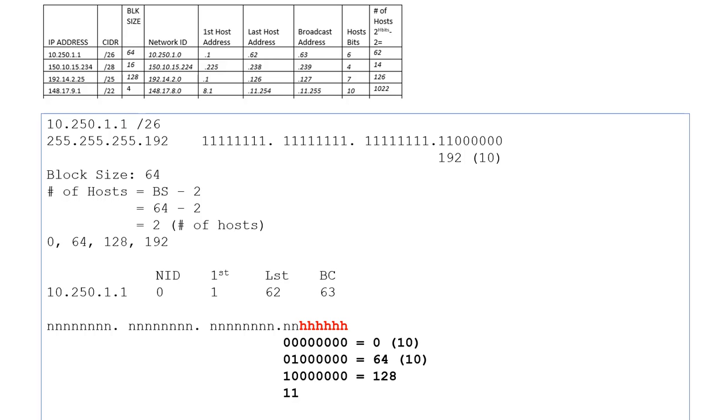This is going to be 128, 10, and this is going to be 192. Okay. So do you see how these blocks work?